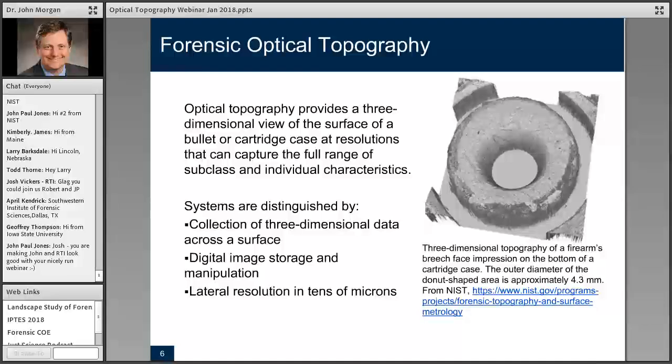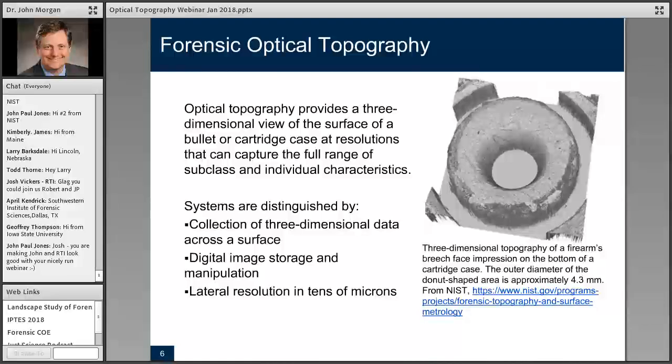And we're going to talk in detail about the several different approaches, the different kinds of microscopes that can be used to do optical topography for firearms examination, some of the pluses and minuses of each of the different approaches, and also some of the companies that are involved in this.